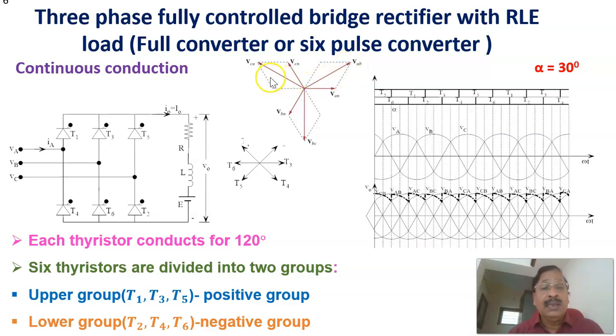Like that we can get this equal to VBC and this equal to VCA. These are the line voltages derived by vectorially adding the corresponding phase and the opposite of the other, VAN and minus VBN, VAB, like that.